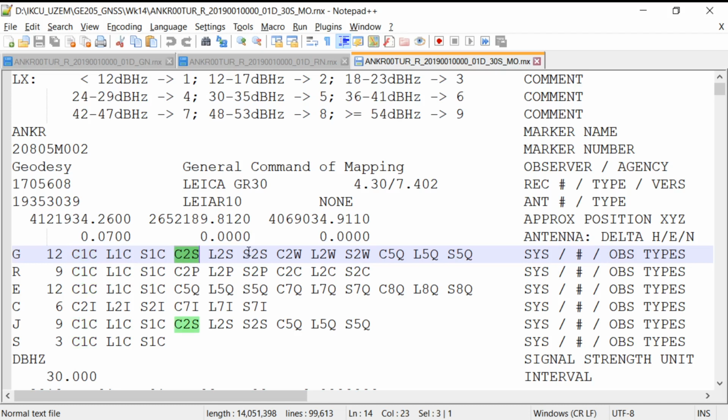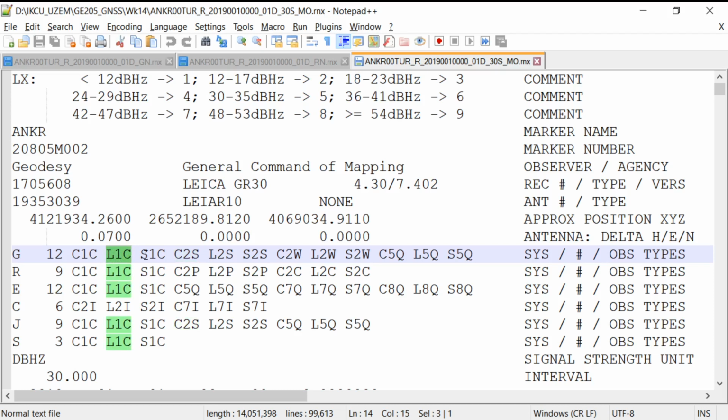So these observations will be in meter units. And L included is the phase observations.